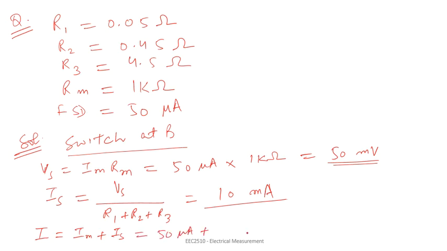So this is 50 microampere plus 10 milliampere, which is 10.05 milliampere. So that means for this first case, when the switch is at position B, the ammeter range will be approximately 10 milliampere. It is coming as 10.05, so we just take the approximate value, that is 10 milliampere.